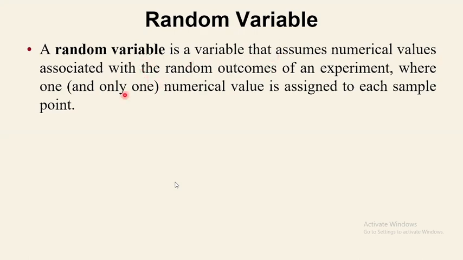So here, one and only one numerical value is assigned to each sample point, right? So what is a random variable? It is a variable that assumes numerical values associated with the random outcomes of an experiment, where one and only one numerical value is assigned to each sample point.